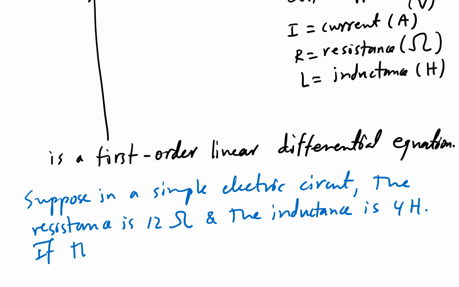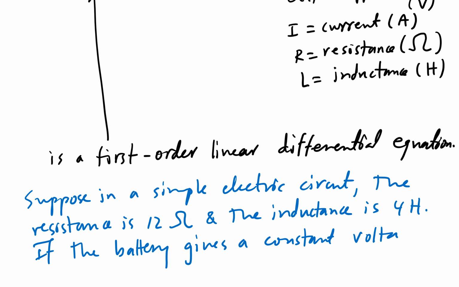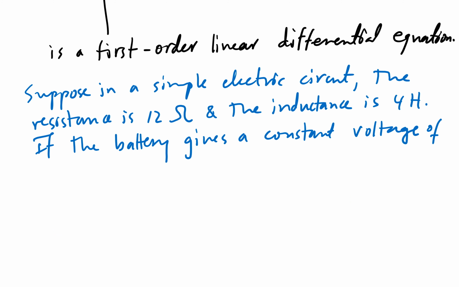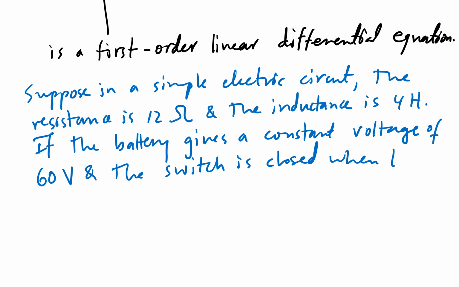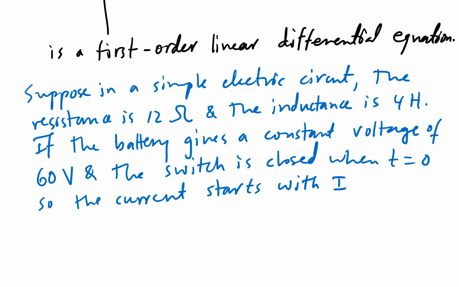If the battery gives a constant voltage of 60 V and the switch is closed when t is 0, the current starts with I of 0 equals 0.